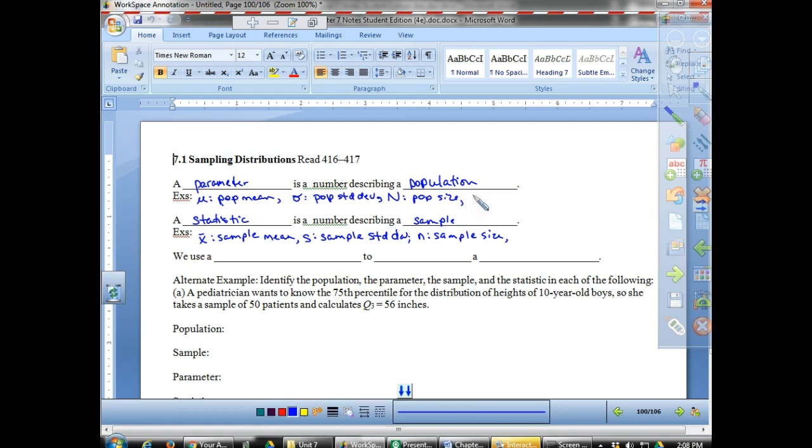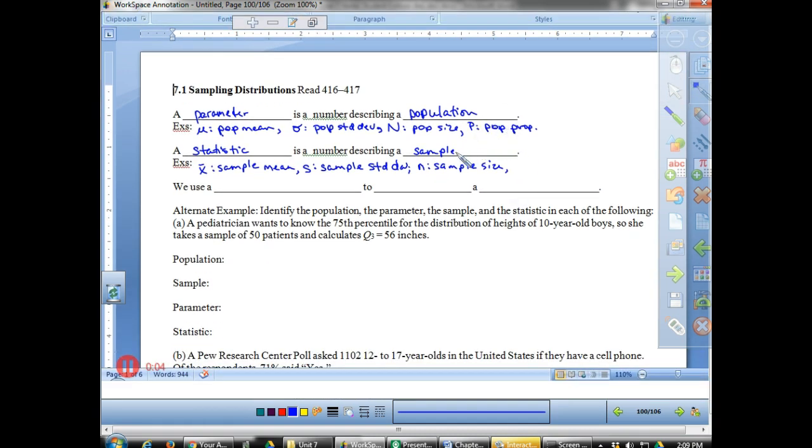So P is a population proportion. You might want to know the true proportion of the population that plans to vote in the upcoming election. You may not have that information, but you would have the sample proportion, P hat, and you would use P hat to estimate the population proportion P.